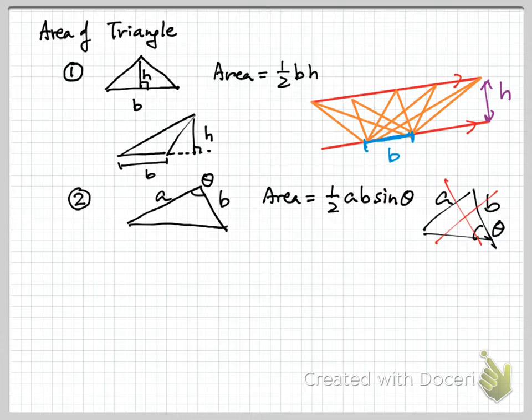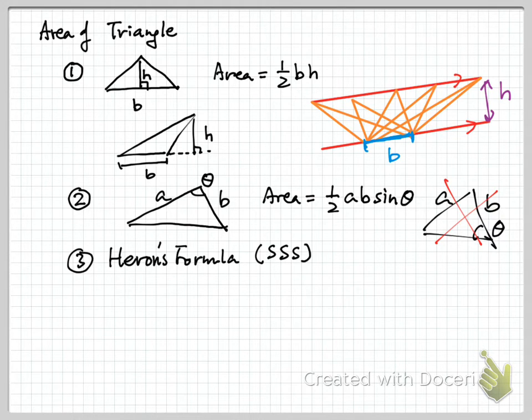Now, thirdly, this is the new thing, what we call Heron's Formula. Heron is the name of the person who discovered this formula in Western civilization. Heron's Formula is based on SSS. If you have the three sides of the triangle, it doesn't need an angle, it doesn't need the height.